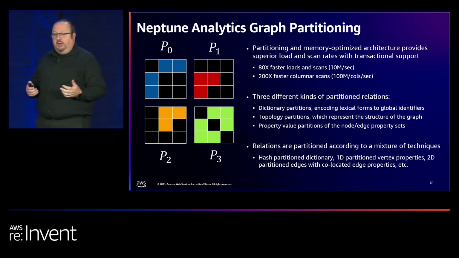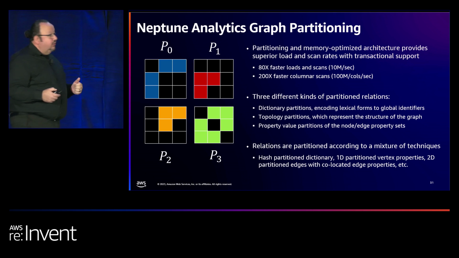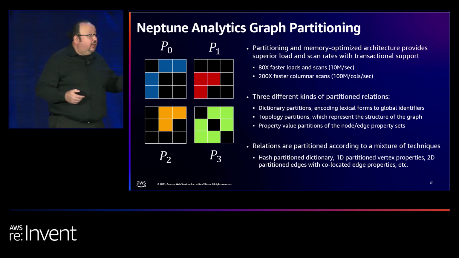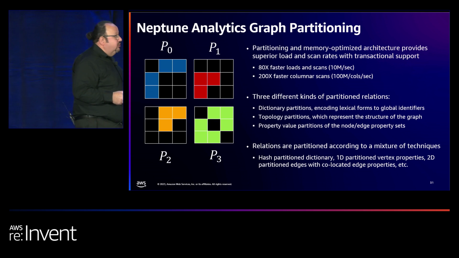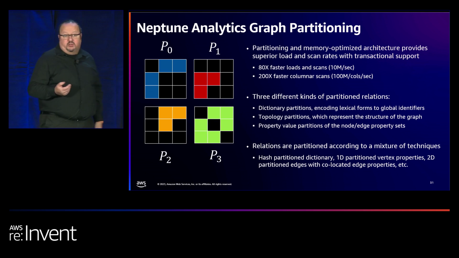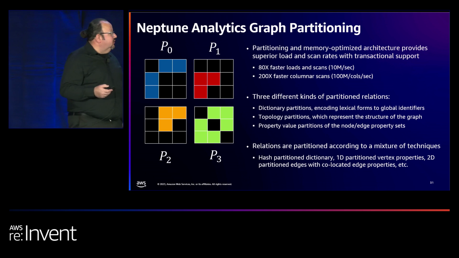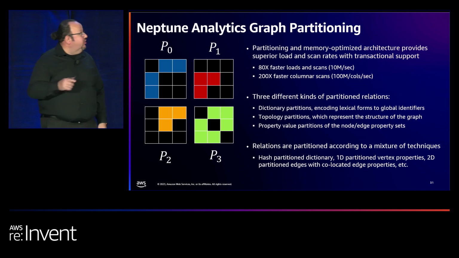Together with these, and of course, a lot of good engineering, we were able to achieve the fantastic speeds you have been seeing there. 80 times faster loads and stores, about 100 million records in a second, or 200 times faster columnar scans in the transactional world, okay?